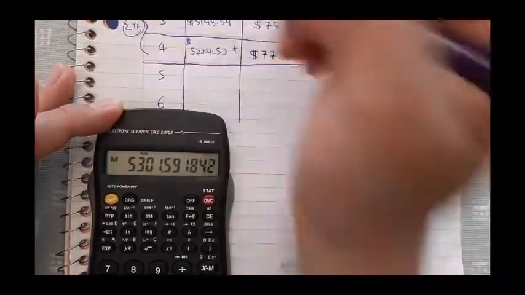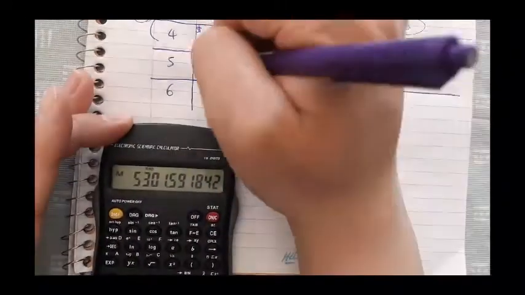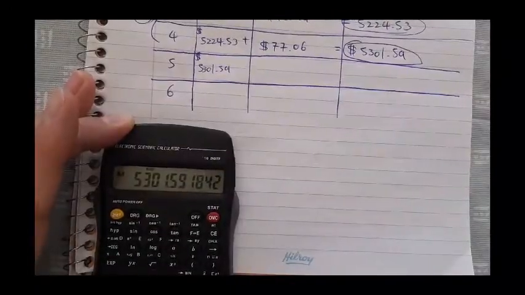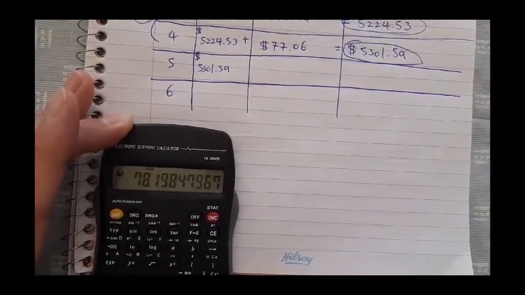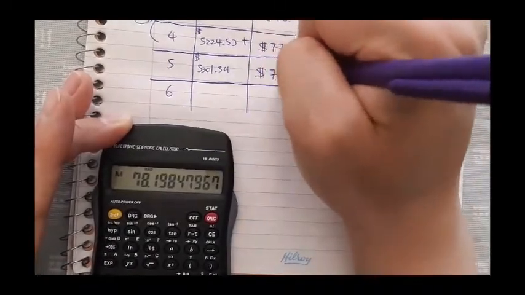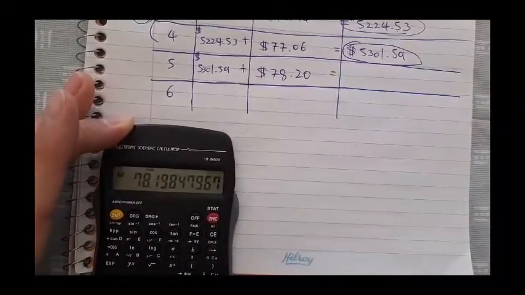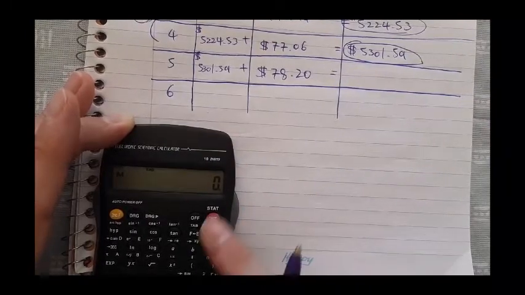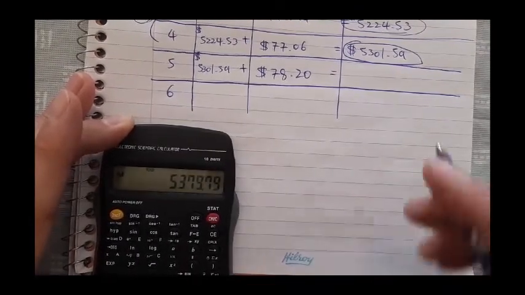That's our second year, and now we are almost done. Just 2 more rows, I guess, sorry. Multiply by 0.0295 multiplied by 0.5 provides you 78.20. Adding up together, $78.20 plus 5,301.59 equals the next total.